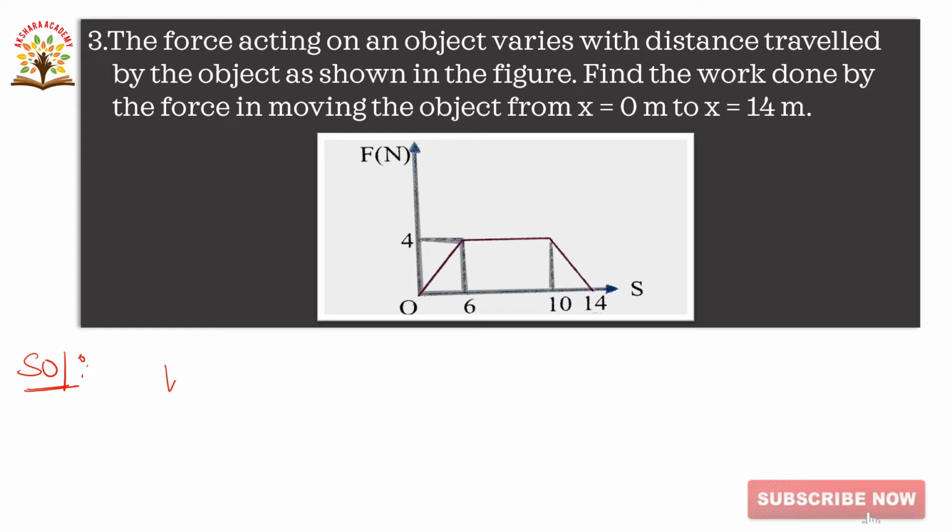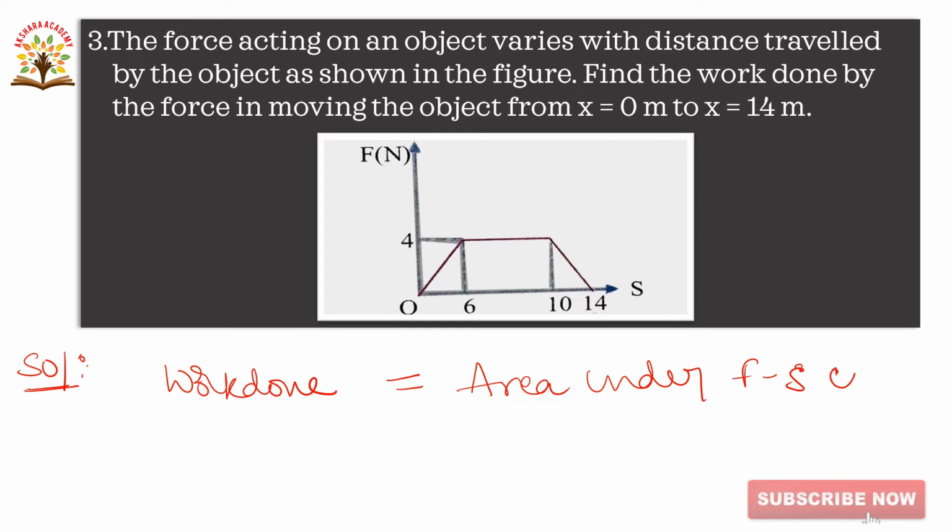Work done equals the area under the F-x curve. Here we have to calculate the area under the F-x curve. Now W equals calculating the area. First, we are taking this triangular portion, half into base into height.